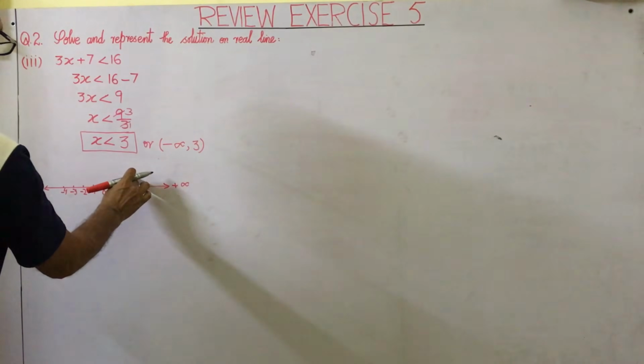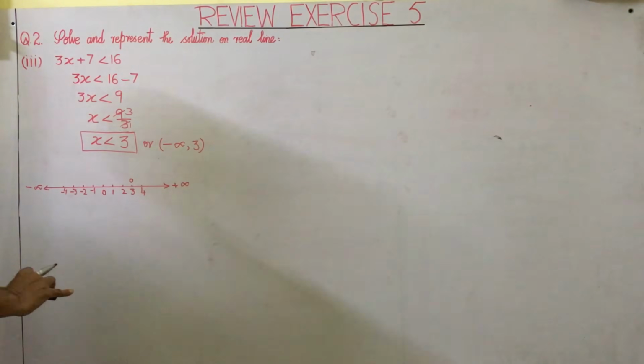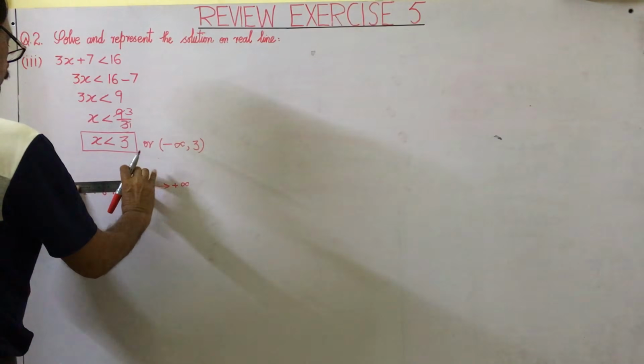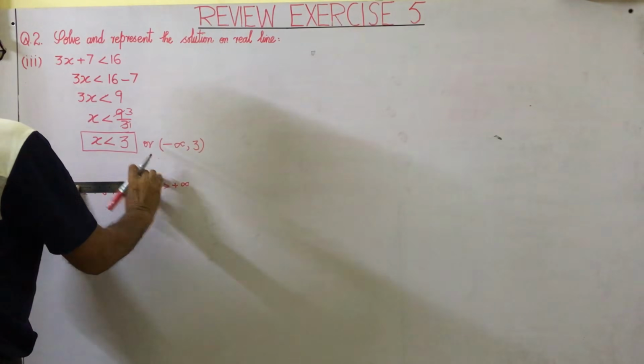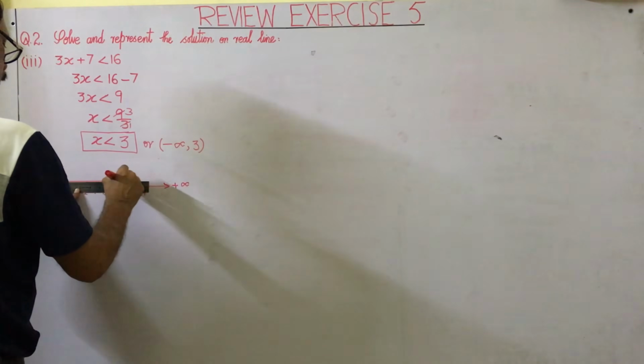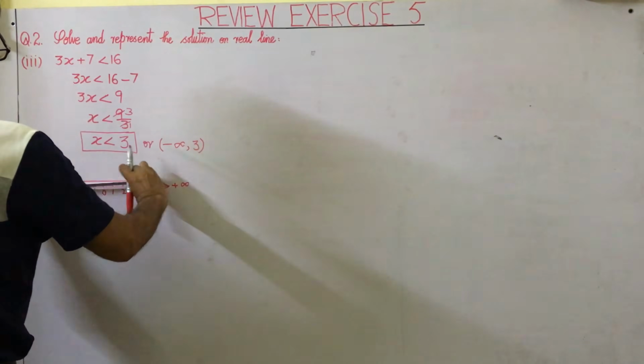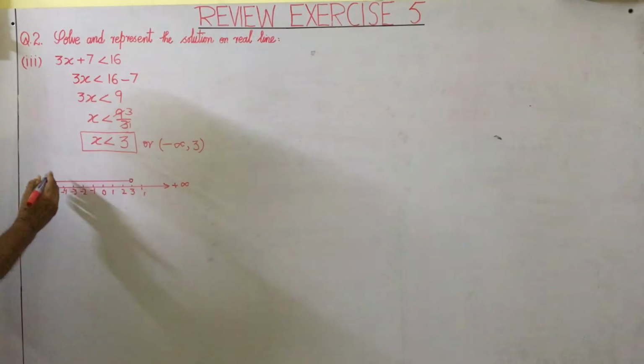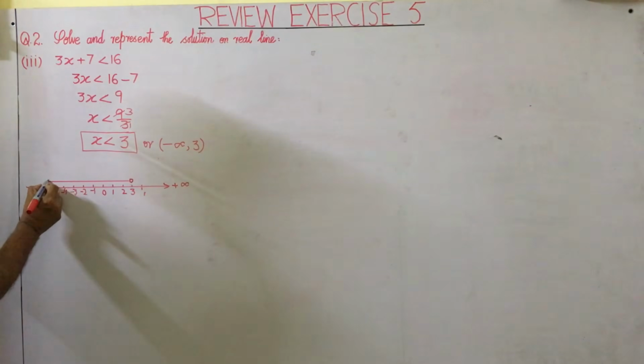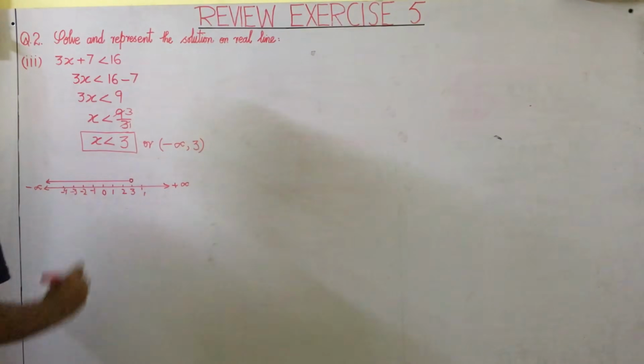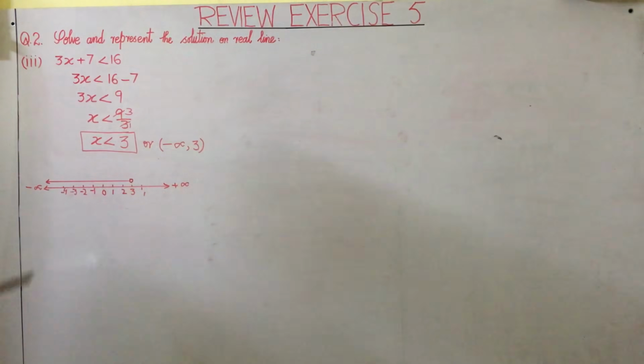So we use an open circle or hollow circle. This is the representation of x is less than 3.